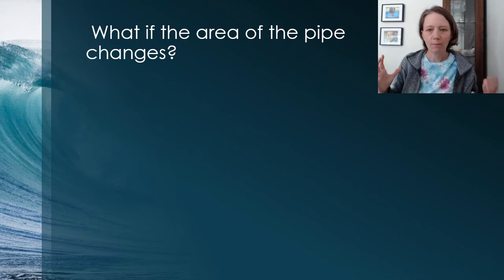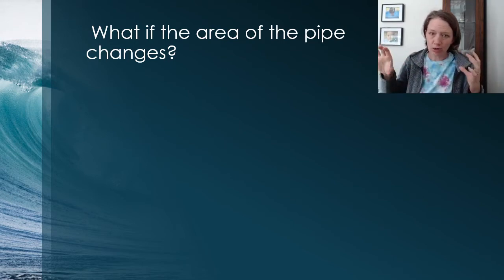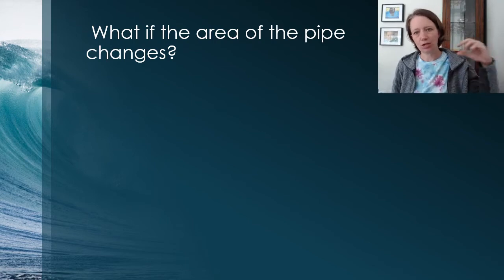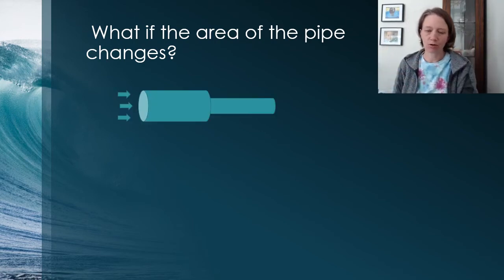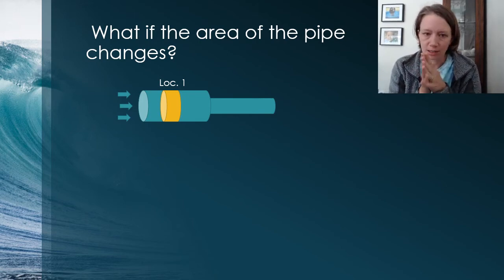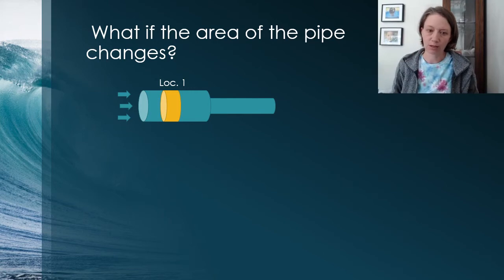Okay, so what if we have a pipe that has changing surface area? Like blood vessels in your body that might narrow or get larger. What is going to happen to that fluid as it goes through those areas that have smaller or larger surface areas? Well, if we consider a chunk of fluid that is filling that container, let's say this yellow chunk of fluid at location 1, as it moves through the container, we know that the mass and volume flow rate of that chunk of fluid have to be conserved.